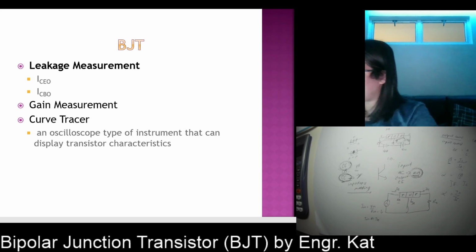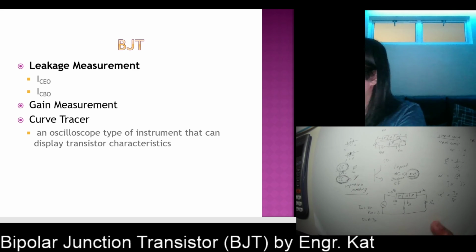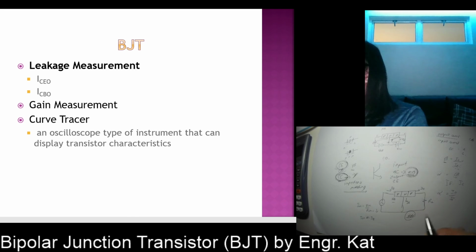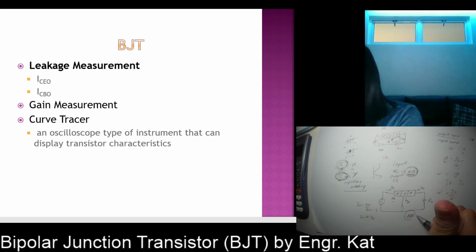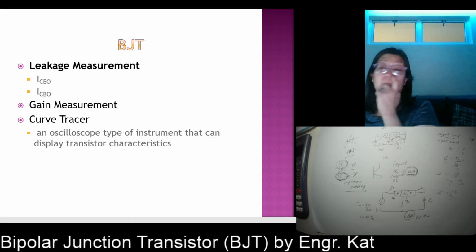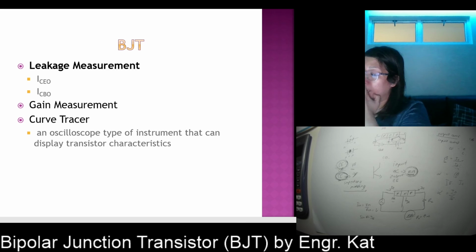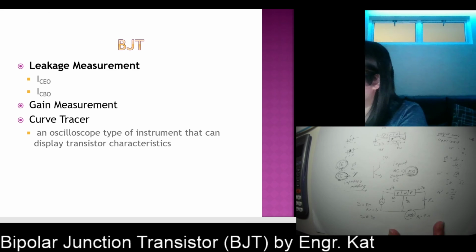Now, what happens at the collector to base terminal? So this is reverse biased. When this is reverse biased, this means that your output resistance here is very, very high or infinite. But as you can see, because of the transistor here, we are able to transfer your IC here, which is approximately equal to your IE.